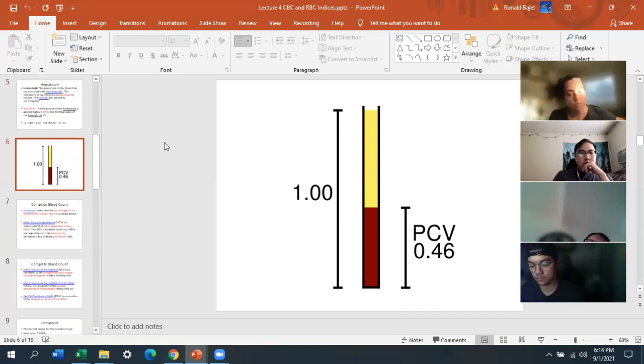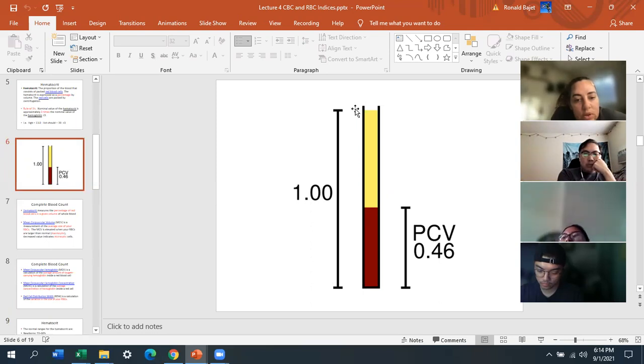Okay, so what I see is they have microhematocrit tubes. This is already spun down. The red blood cells have been spun down, and what you see, PCV, is the packed cell volume. All the cells have been centrifuged down to the bottom here, right? So what you do is you measure this in millimeters, and you also measure the total.